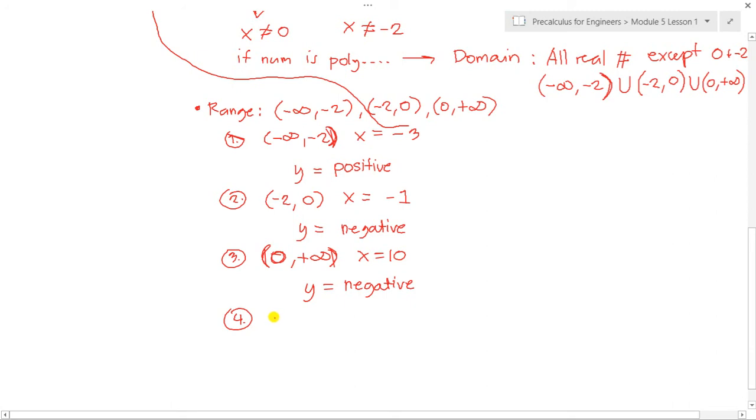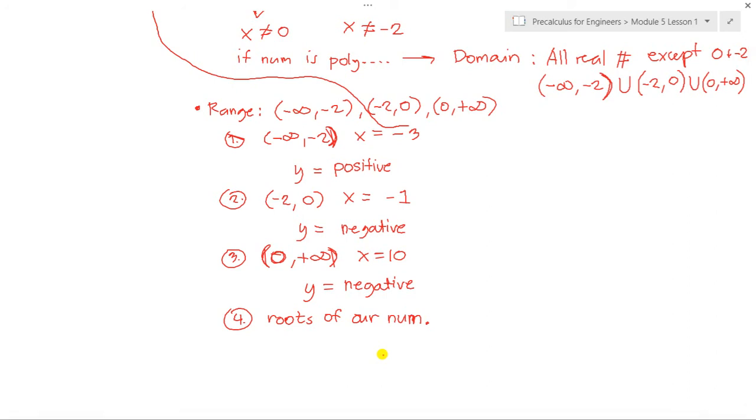Let's test the roots of our numerator. The roots of our numerator. Again, unsa gud ang roots sa atong numerator?